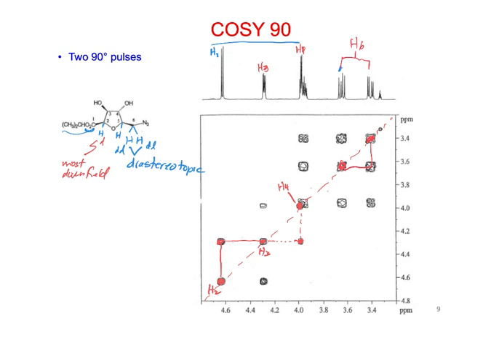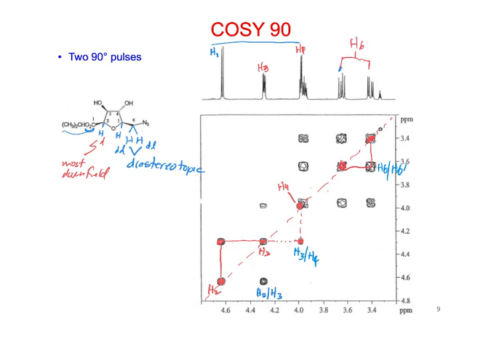All right, so let's do it another way. This is the off-diagonal H2 to H3, showing that coupling. This is H3 to H4. This is H6 to, say, H6 prime.